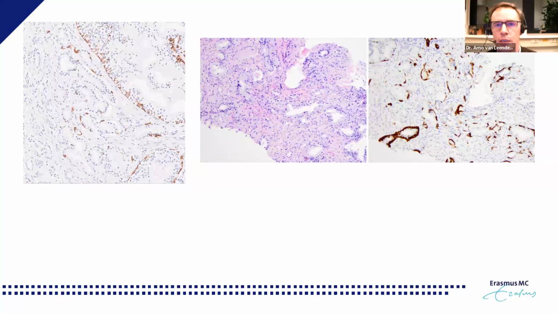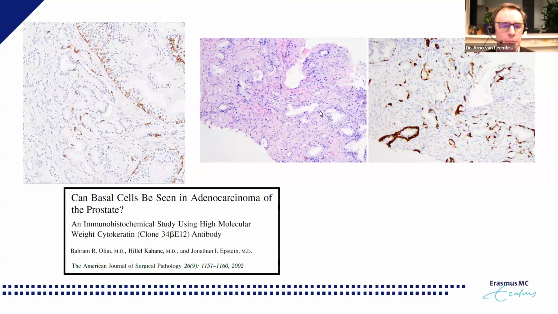Personally, I would not recommend diagnosing this as prostate cancer at all. But if you have a pattern like that, I would just report it, and probably this is just the phase between the precursor lesion and invasive glands itself. But be aware, this can be found.